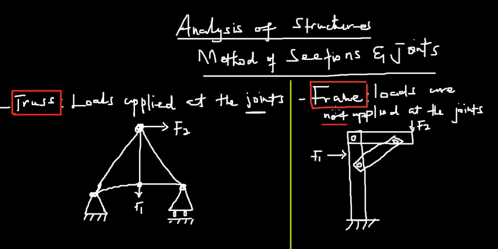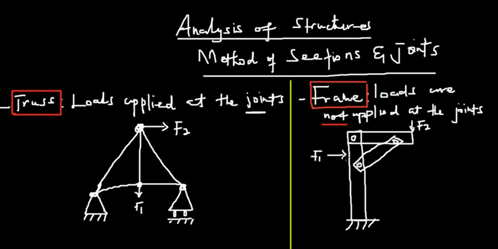But when we look at frames, frames do not have their loads at the joints. From here you can notice that there's something like a joint, but there is no load, there is no force over here. There's somehow a joint, there is no force over here, but you could notice that these forces or loads are just applied at different portions of the structure.